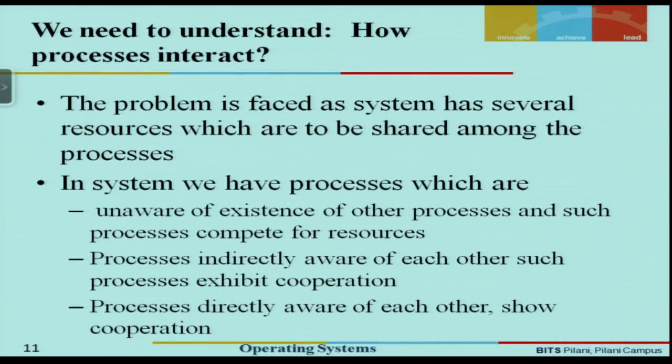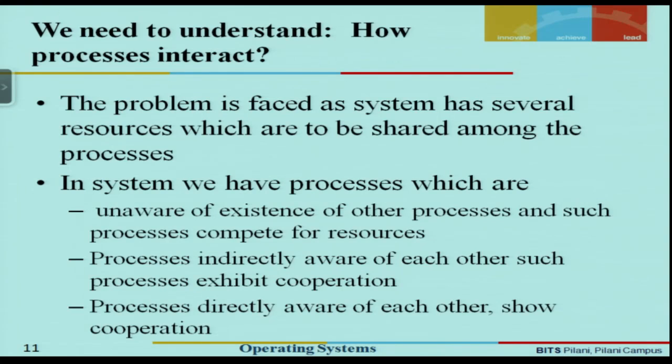Another category of processes is that processes are indirectly aware of the existence of other processes. This is a classic case where the operating system uses a shared buffer for reading the keyboard input and other things. So processes are aware that whenever I/O is going to be carried out, there would be other processes which would probably share the resource, but processes in this case do not know the name of the process which is going to access those resources.